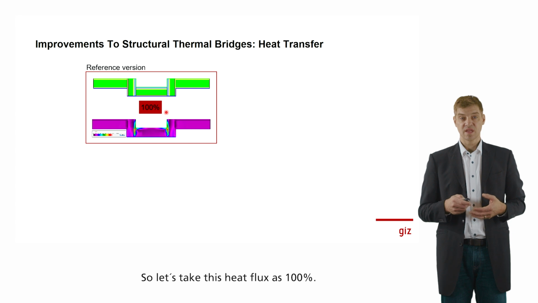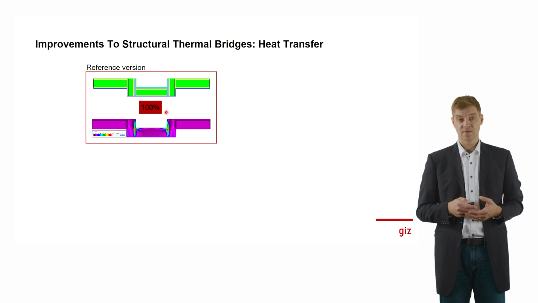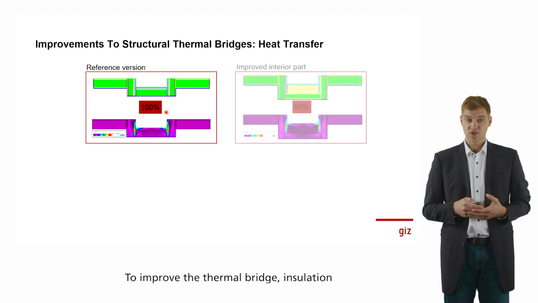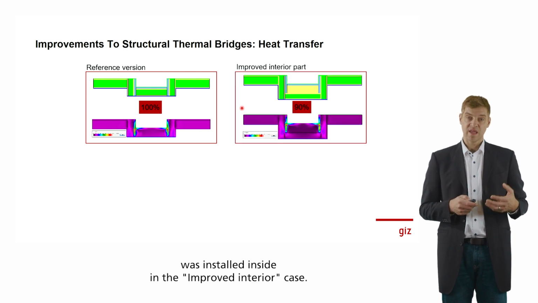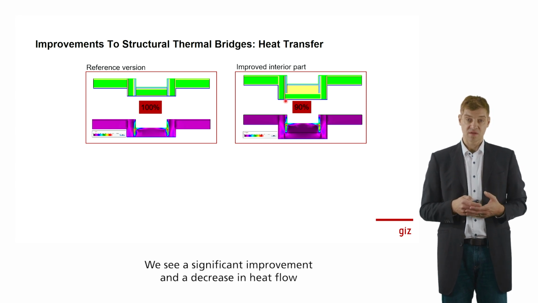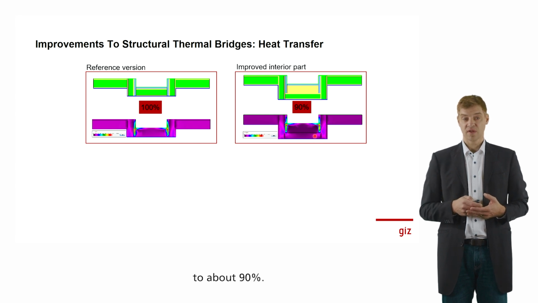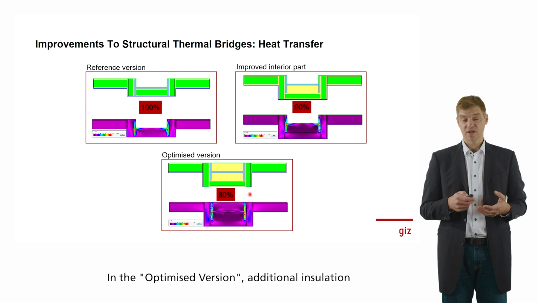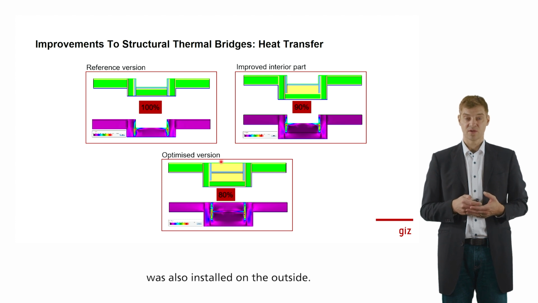So let's take this heat flux as 100%. To improve the thermal bridge, insulation was installed inside in the improved interior case. We see a significant improvement and a decrease in the heat flow to about 90%. In the optimized version, additional insulation, also installed on the outside, is introduced.